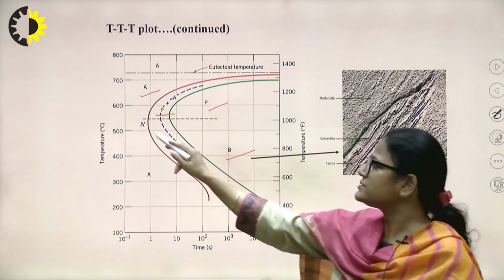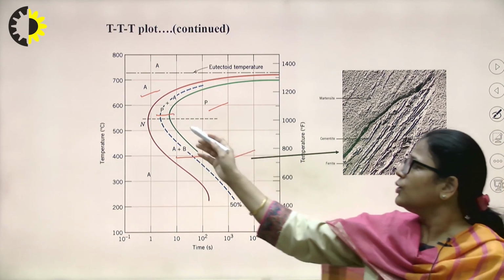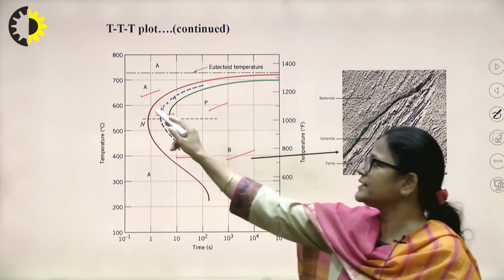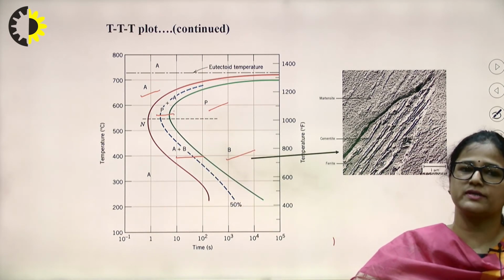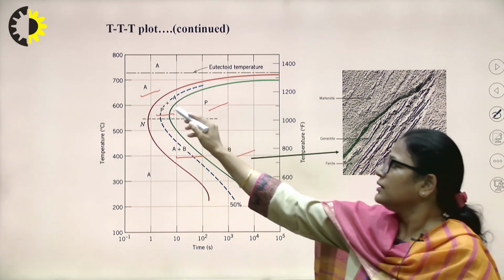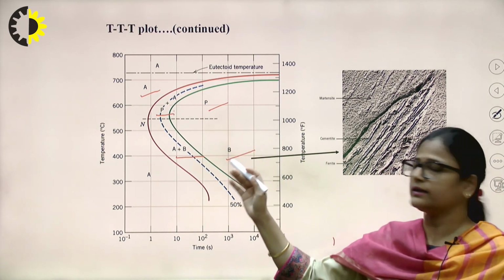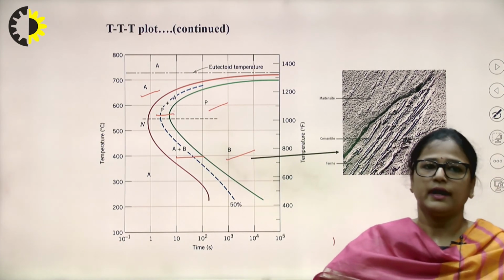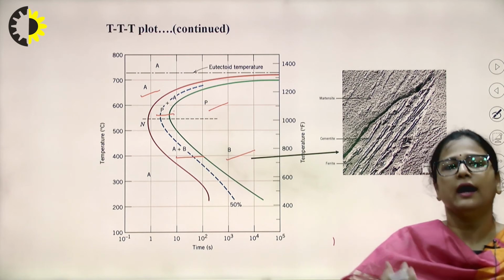So above 540 degrees centigrade, on the left side of the curve, only austenite will exist. In between these two curves, pearlite and austenite both phases coexist, and on the right side of the green transformation end curve, only pearlite will exist. The layer thickness, coarse pearlite and fine pearlite formation, depends upon the isothermal temperature.